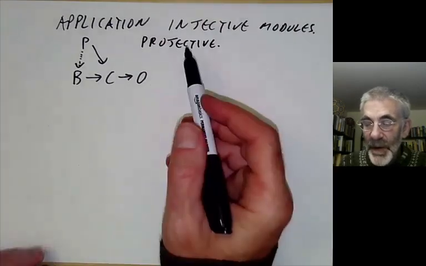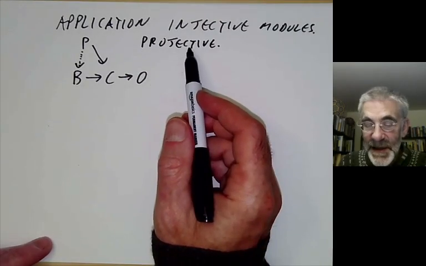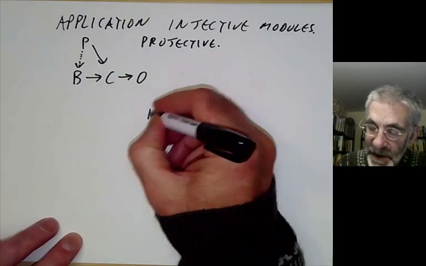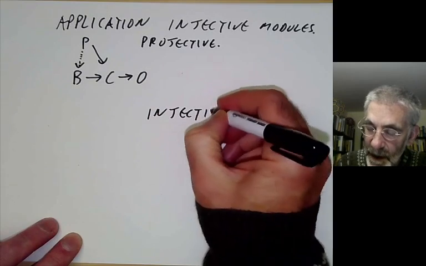And what we want is to dualize this in the sense of category theory, which means we reverse all the arrows. So I'm going to define an injective module like this.